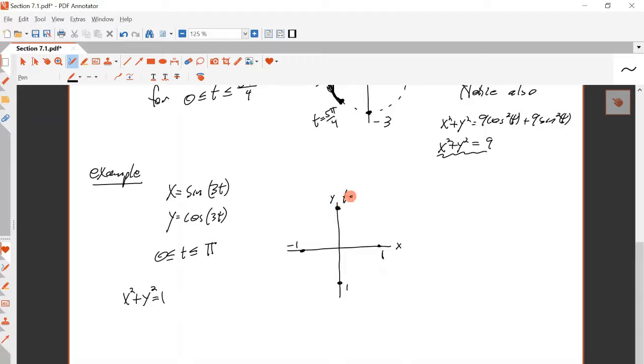So we start right here. And then as t increases, for t equal to pi over 6, we're right here. So this time we're moving along the circle in this direction. And how far do we go?